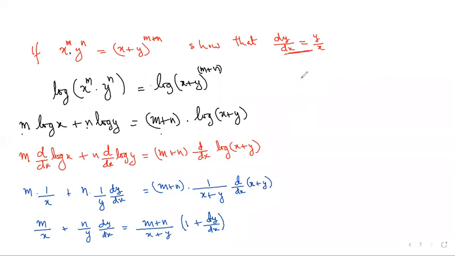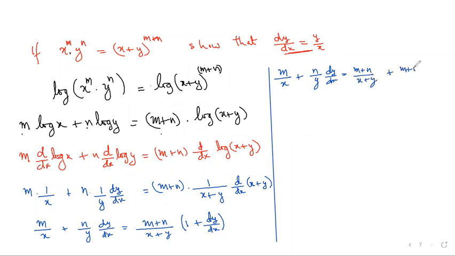Now open the bracket, bring all dy by dx terms to one side. This question has come in board exam at least 4 or 5 times. So let's do the opening of bracket. m by x. Now how many dy by dx terms? 2 dy by dx terms.